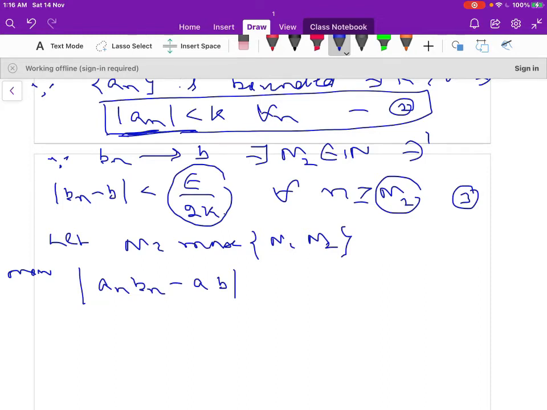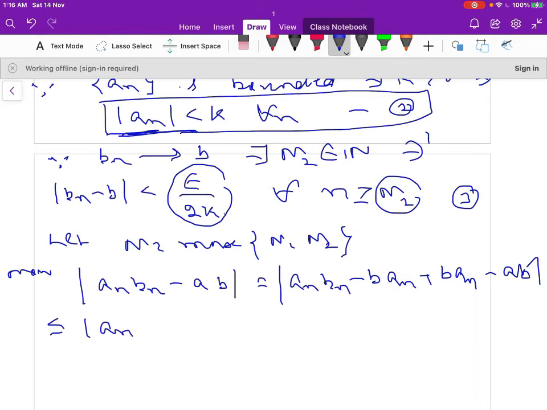We have to show that the product of the two sequences an and bn converges to ab. So this is equal to modulus of an bn minus b into an plus b into an, added and subtracted, minus ab, which I have written.